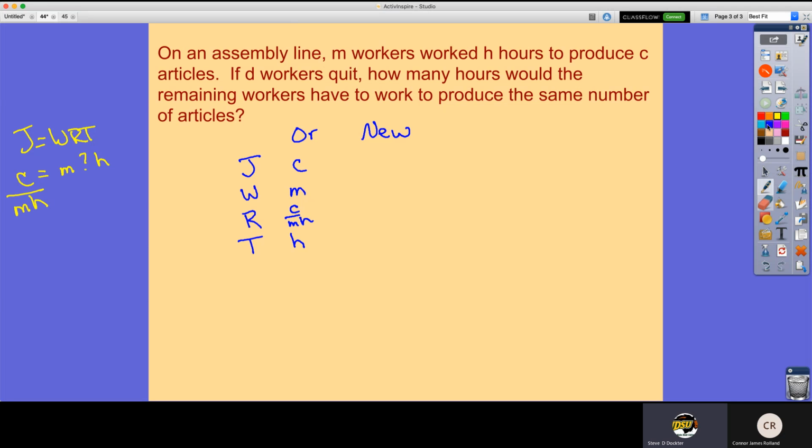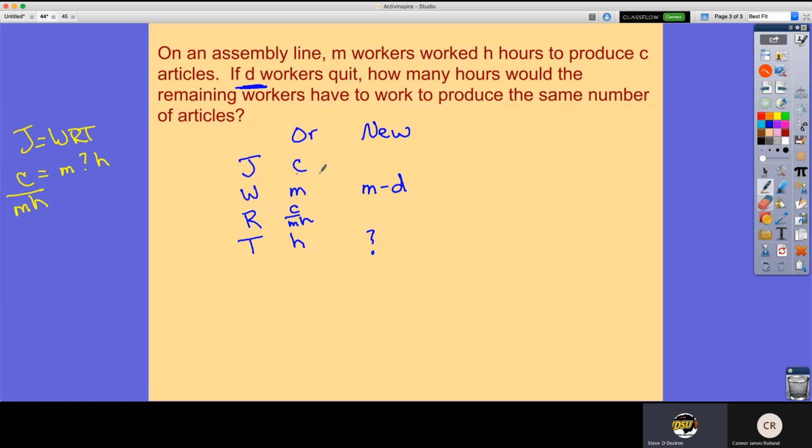All right, so from there, we got to figure out what changes here. If D workers quit, what does that mean? M minus D for our workers, yeah. How many hours? So that's going to be what our question mark is, right? So our question mark is for the time. Would the remaining workers have to work to produce the same number of articles?